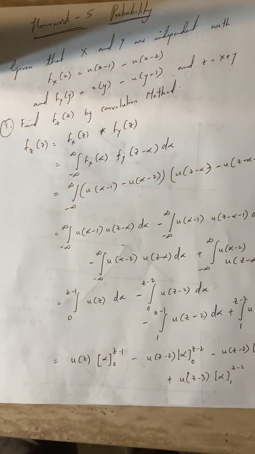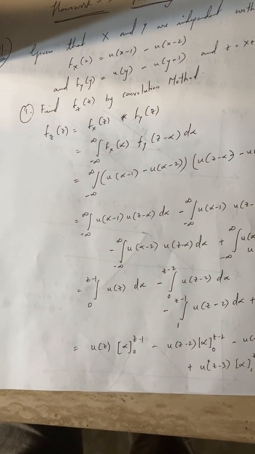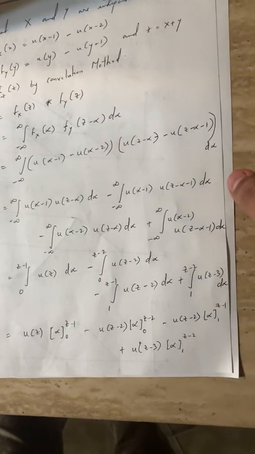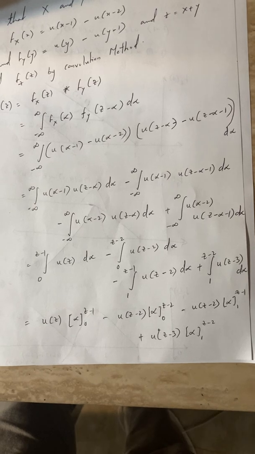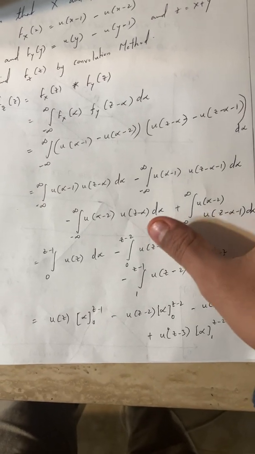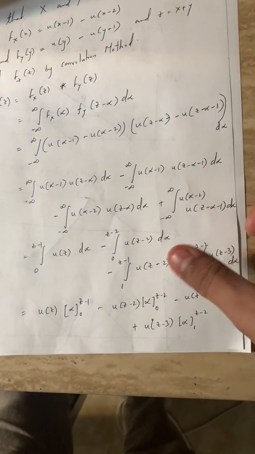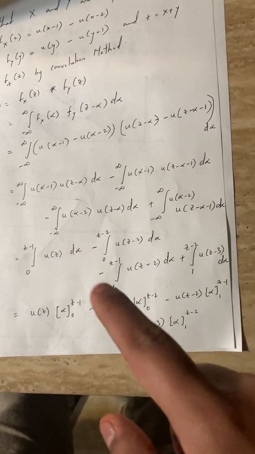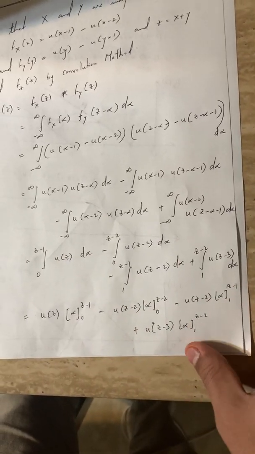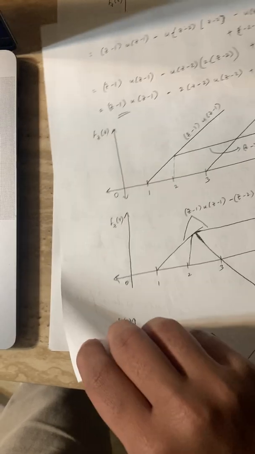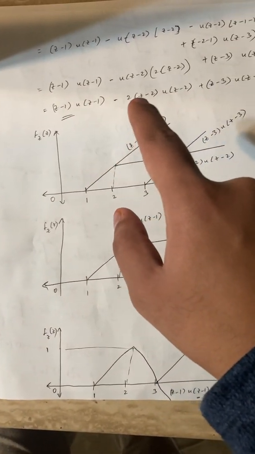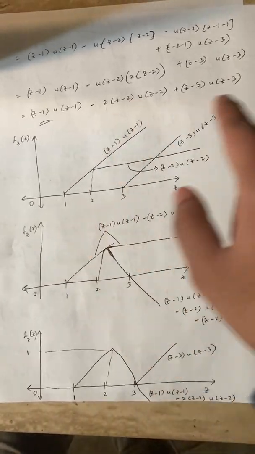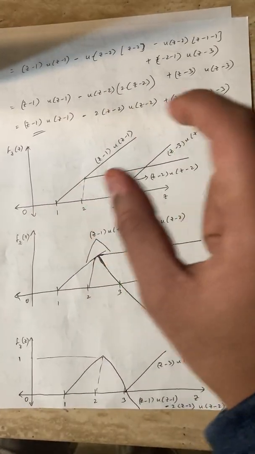Similarly, we can change the other limits to z minus 1 minus 1, which is basically z minus 2, to 0. Then similarly we have applied the integrals and solved the question. This turns out to be z minus 1 u of z minus 1 minus 2 into z minus 2. I've basically just multiplied them and added them together.